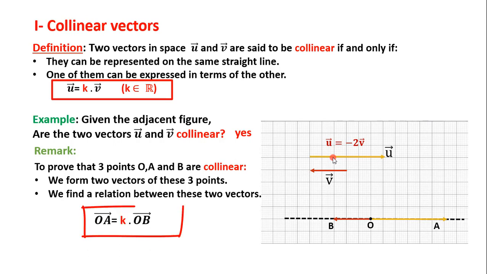So OA equal to k OB. To prove that 3 points O, A and B are collinear, we form two vectors of these 3 points, and we have to find a relation between these two vectors such that vector OA equal to k vector OB.